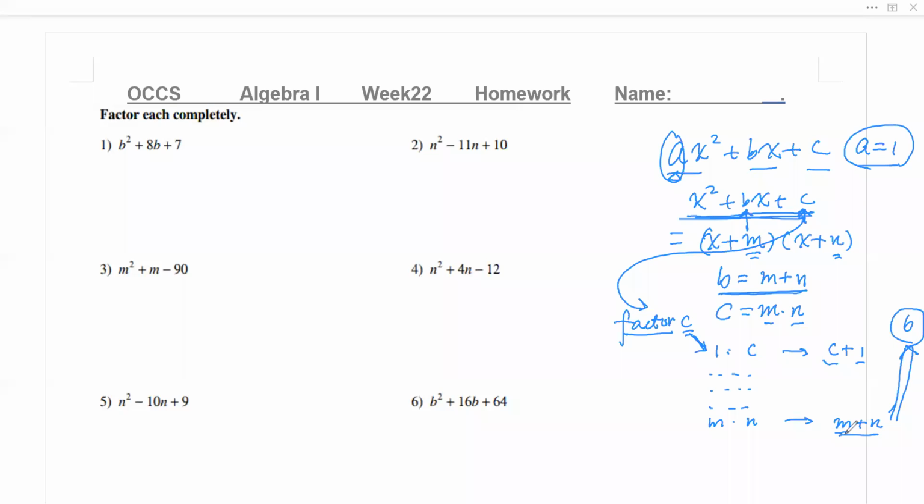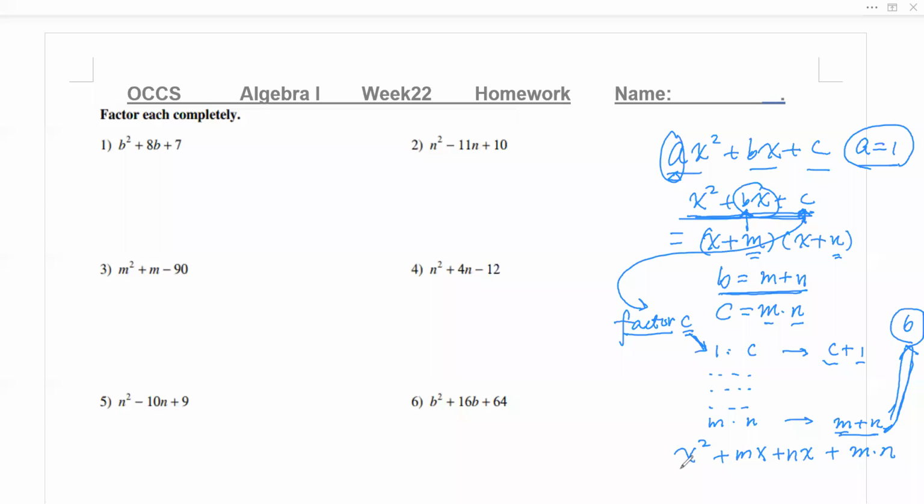So now we can break bx down into mx and nx, right? Mx and nx. Then we use grouping. b is broken down into mx plus nx, and c is m times n.